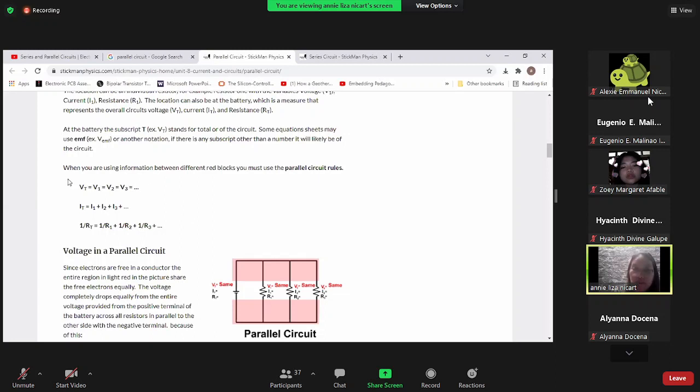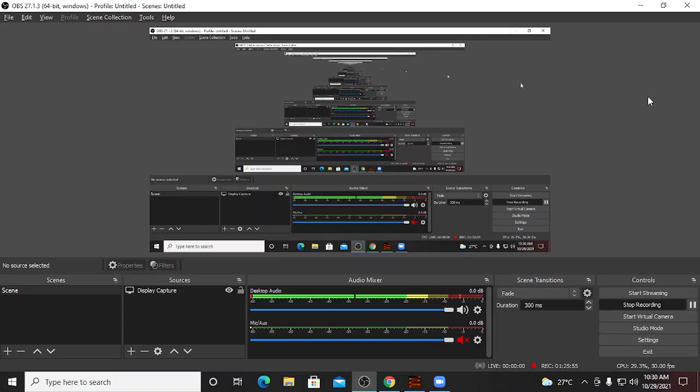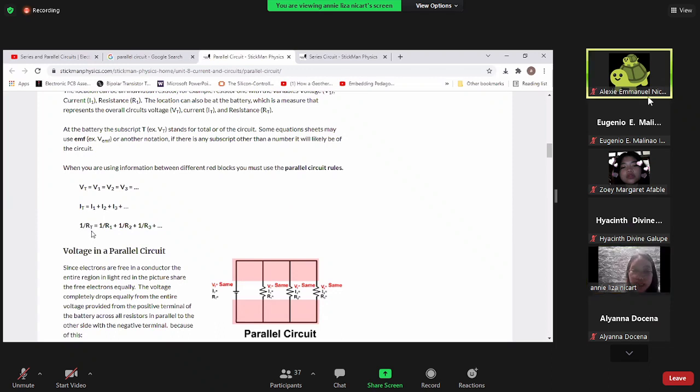Ang voltage, magpaprihas. So the total resistance: 1 over RT is equals to 1 over R1 plus 1 over R2 plus 1 over R3, and so on.